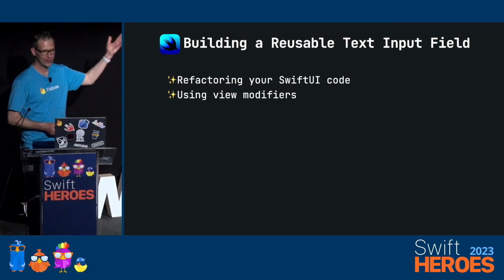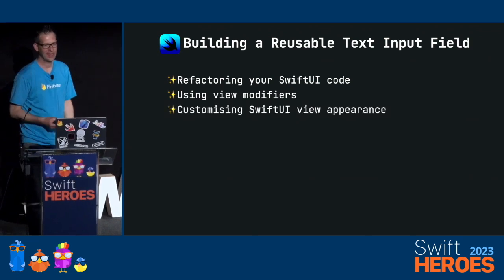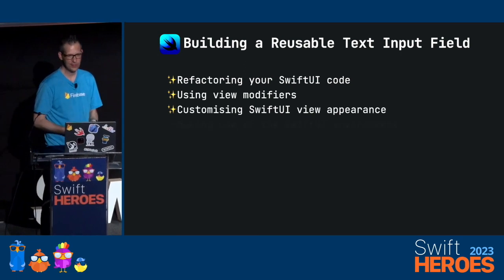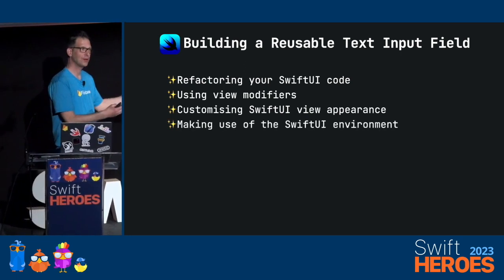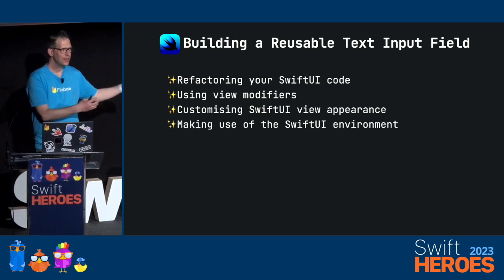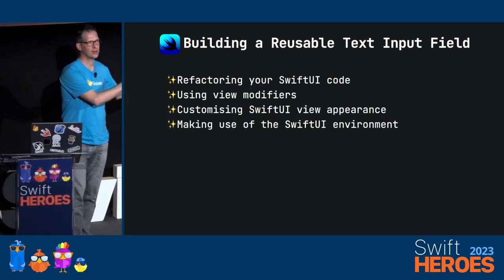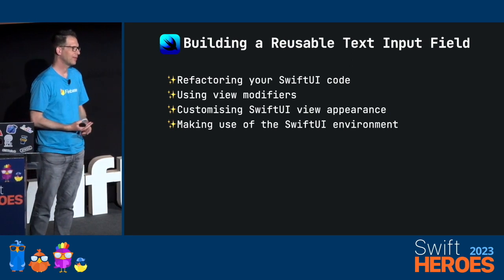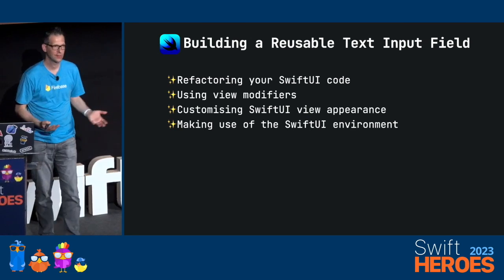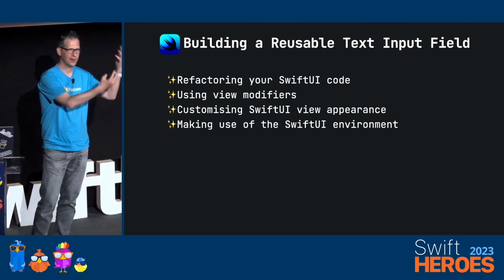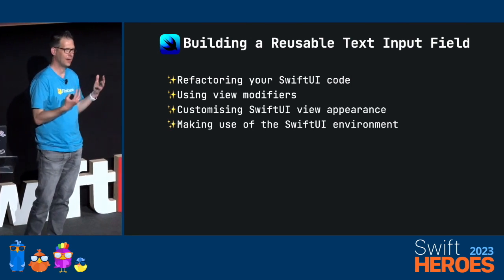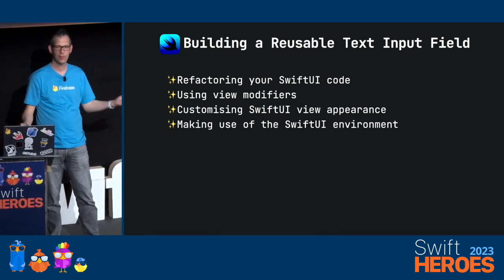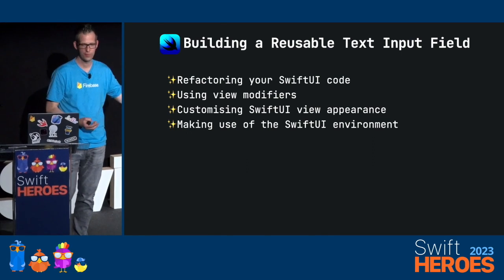You saw how to use view modifiers and how you can use them to customize SwiftUI's view appearance. I showed you how to make use of the SwiftUI environment. Until I built this talk, I'll be honest, I thought, well, okay, we've got the SwiftUI environment, so what? I can pull stuff down from there, like the dismiss action. Nice. But I was not aware of how powerful this really is.